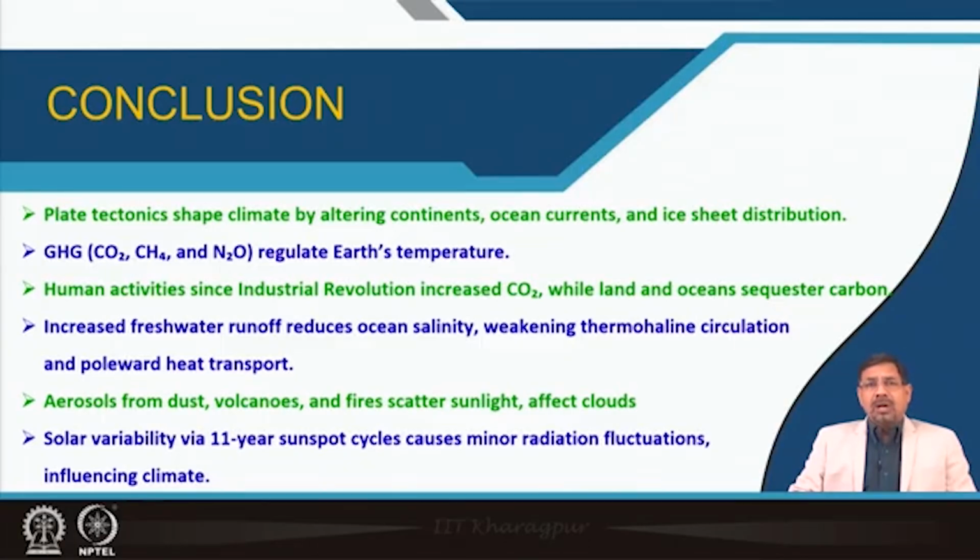Aerosols from dust, volcanoes, and fires scatter sunlight and affect clouds. The last one is solar variability: the 11-year sunspot cycle causes minor radiation fluctuation influencing the climate. So, friends, in the 9th and 10th lectures, we elaborately discussed various mechanisms, dominantly the natural mechanisms and the anthropogenic mechanisms that explain climate change.